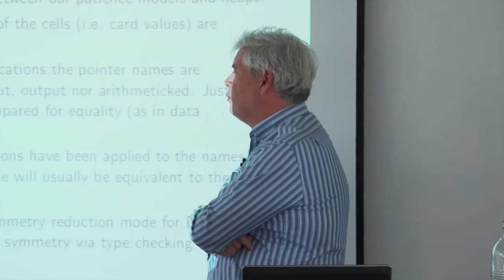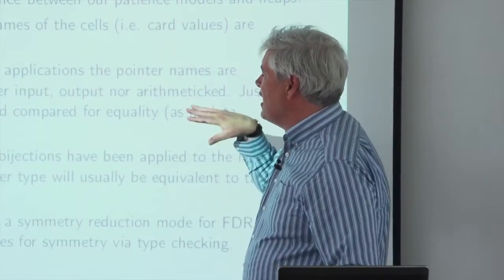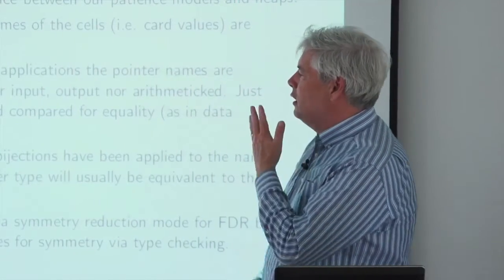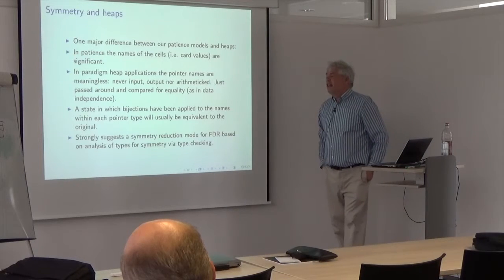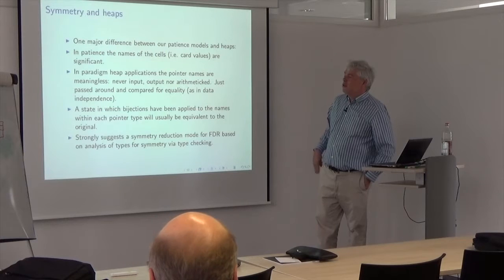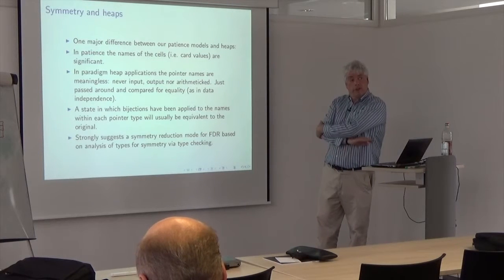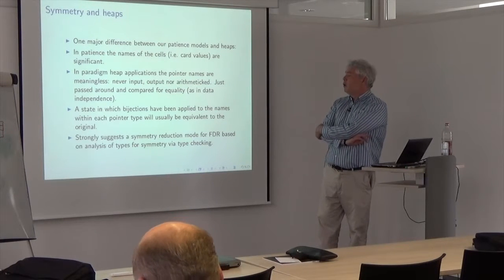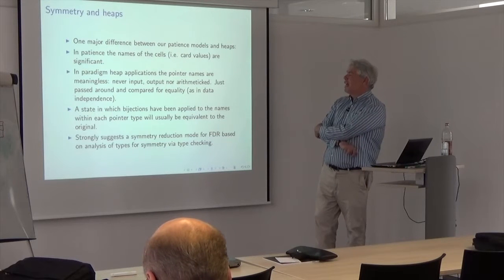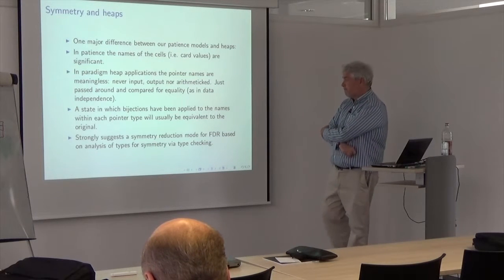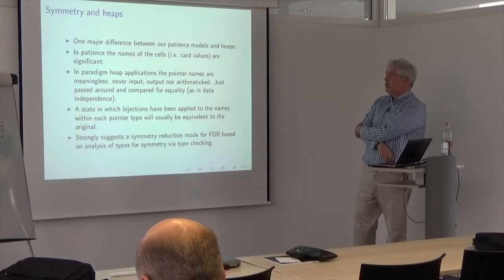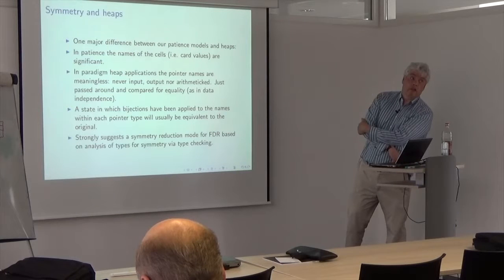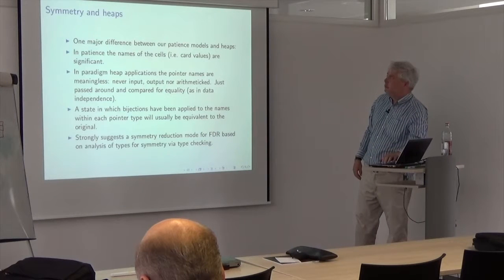So two states which are interreachable by bijections being applied to the names of pointers, sort of swapping the values of the actual pointer cells that correspond, will usually be equivalent, an equivalence over such a program. And so this has led to us looking at new symmetry reduction techniques to incorporate into FDR.